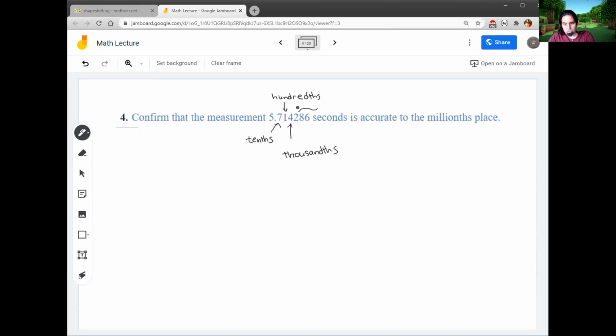Then the 2 is going to be ten thousandths. The 8 will be hundred thousandths. And yes, the 6 will be millionths because that comes after hundred thousandths. Okay, messy, but you are not judging me on my artwork.